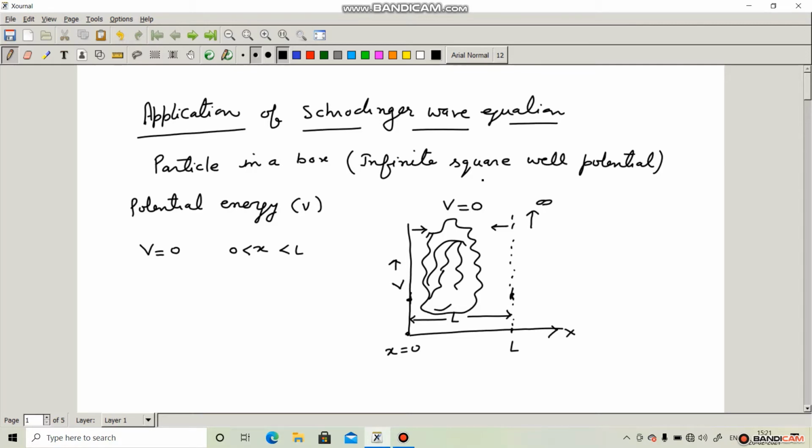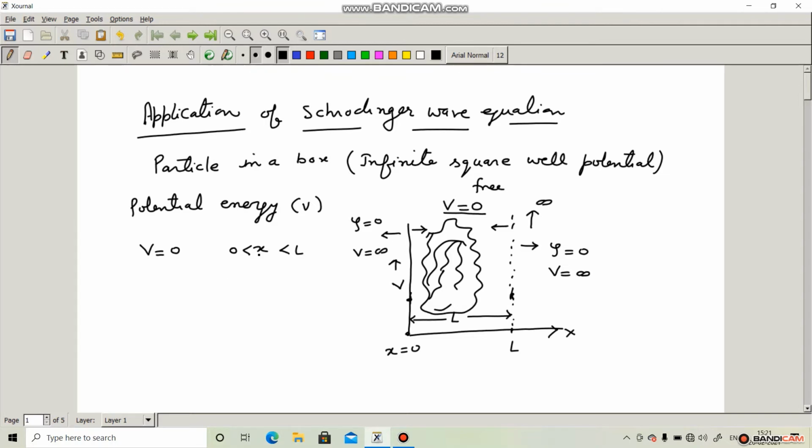We can say that the particle is free inside the well, or we can say it is the condition of a free particle. And outside the well, outside this line, in this direction, wave is not existing, or we can say wave function is not existing. It means outside the well psi equal to 0, or we can say potential energy is maximum, V equal to infinity.